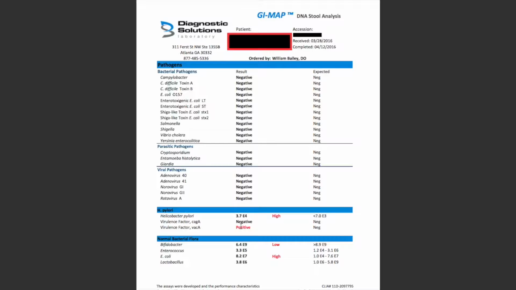But it also results in you not being able to digest your proteins very well. So you can't extract the B12 out of it. You can't extract the minerals. You can't extract the amino acids. So this has been known to cause iron deficiency as well as B12 deficiency.